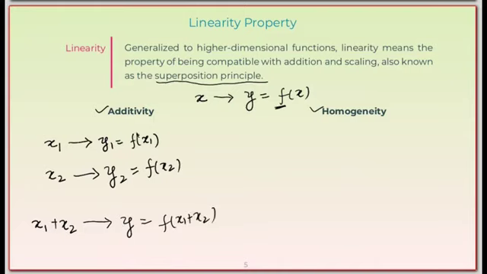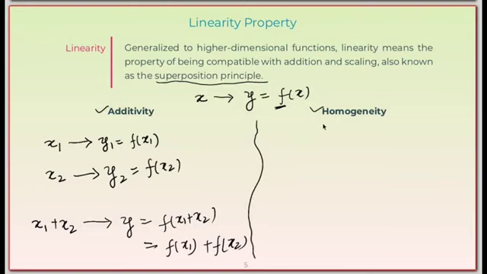According to additivity, this output must be equal to f of x1 plus f of x2, the individual outputs. So the output due to addition is equal to the addition of individual outputs. This is what is meant by additivity. We will discuss this later with an example, and it's going to be clear.